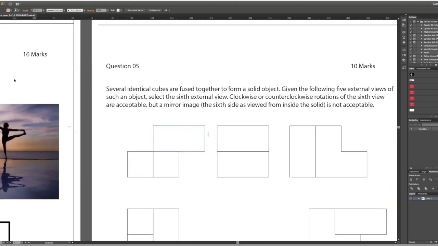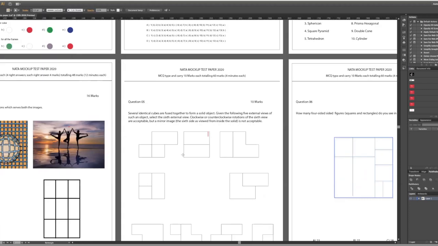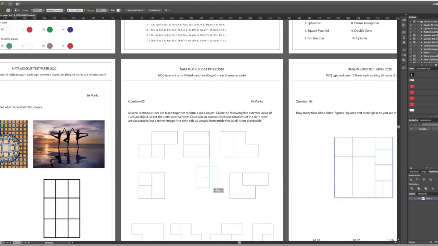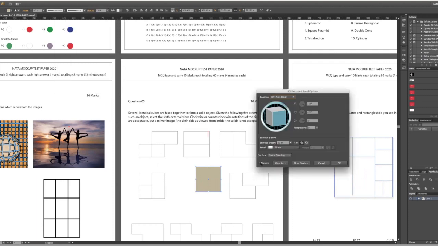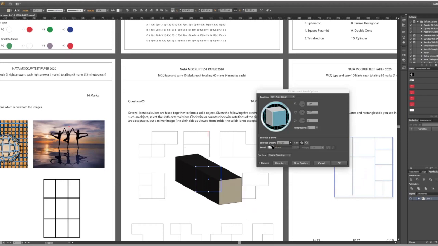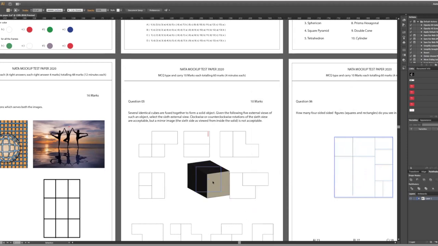Let's say you have this square. Wait a second. Okay, so this is what it is.